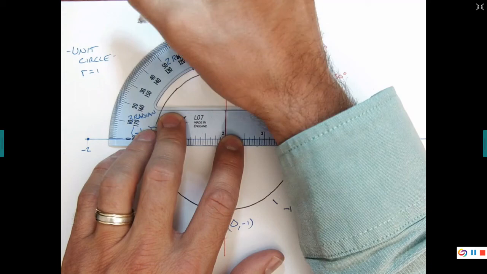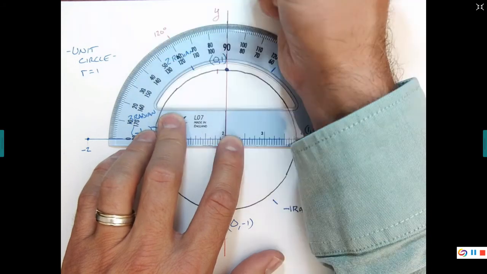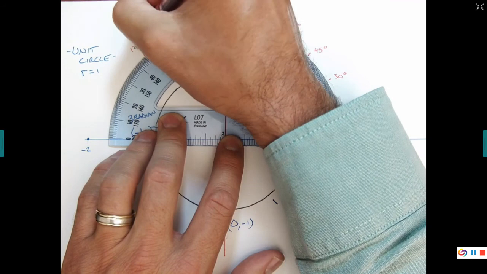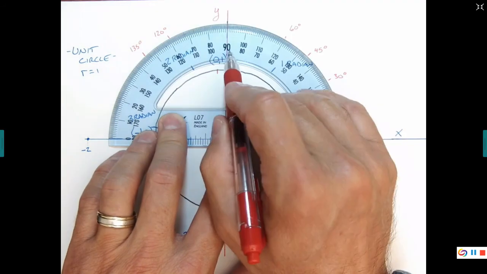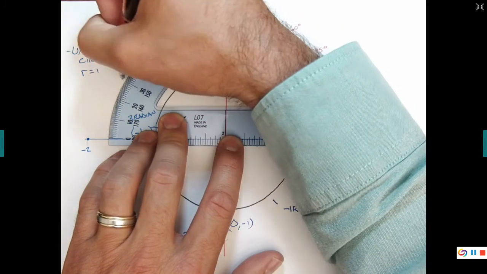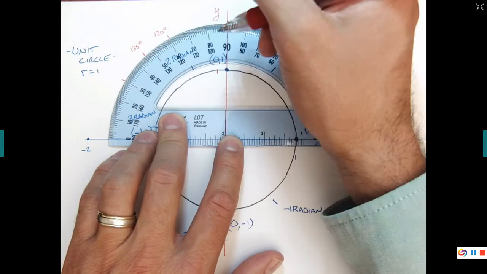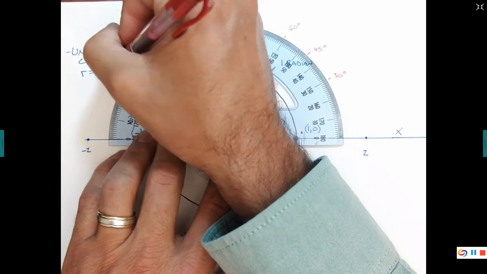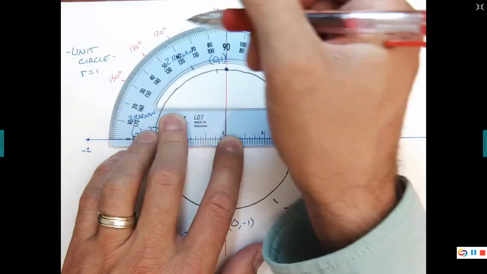120. 135 degrees, which is just 45 degrees added to 90. 150 degrees.